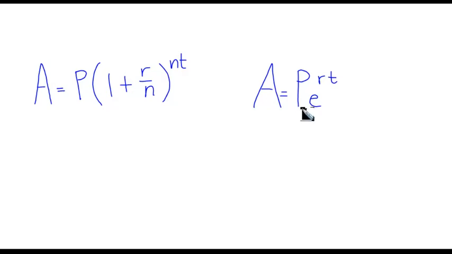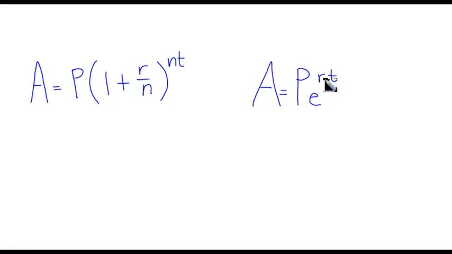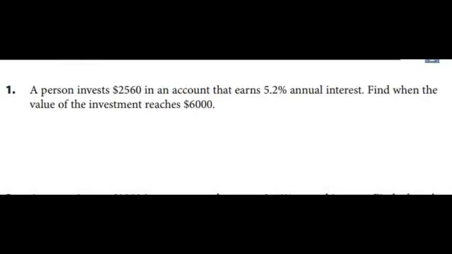P is your initial investment. E is not a variable, it's a number, and so we will not be replacing it with a value. R is our rate, which we will express as a decimal, and T is our time period in terms of years.